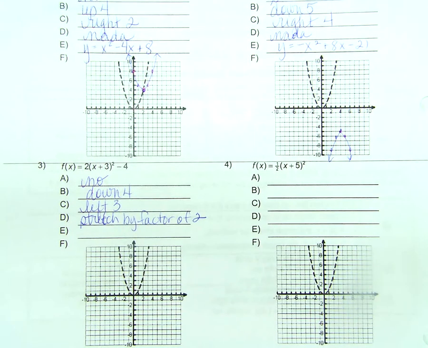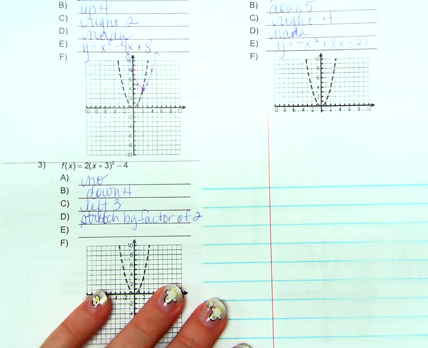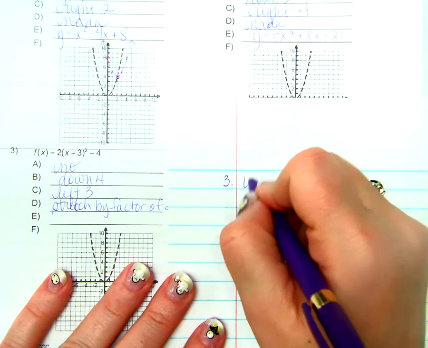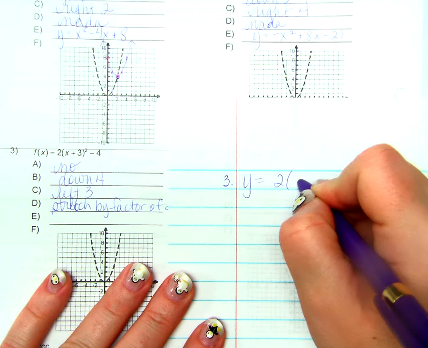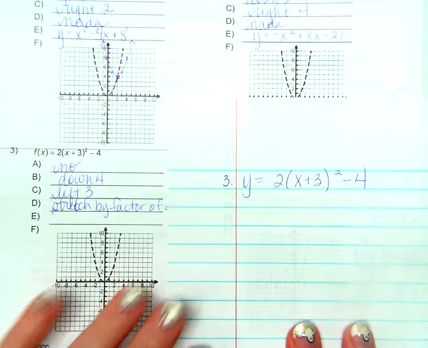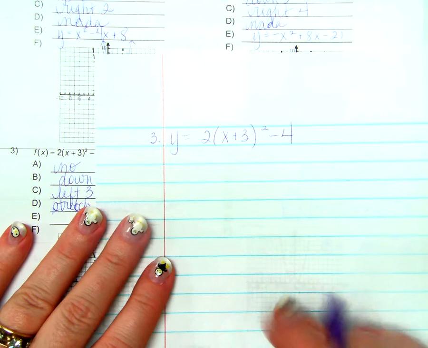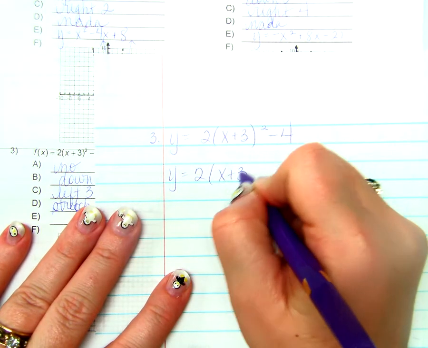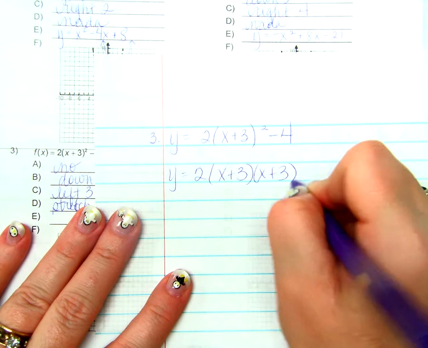Determine the standard form. Y equals 2 times the quantity x plus 3 squared minus 4. So I say y equals 2 times x plus 3 times x plus 3 minus 4.